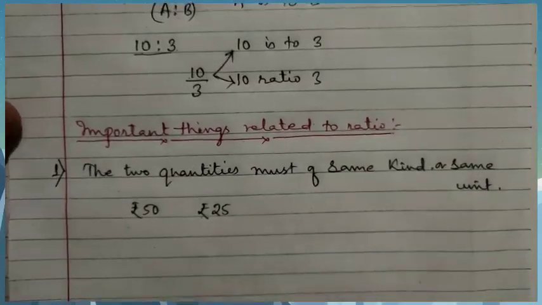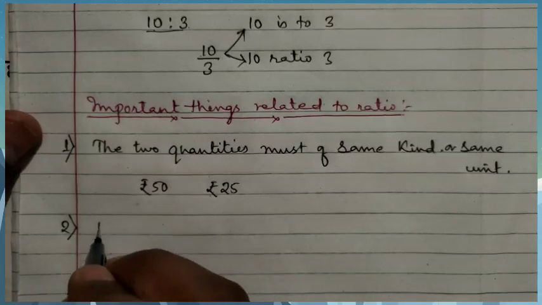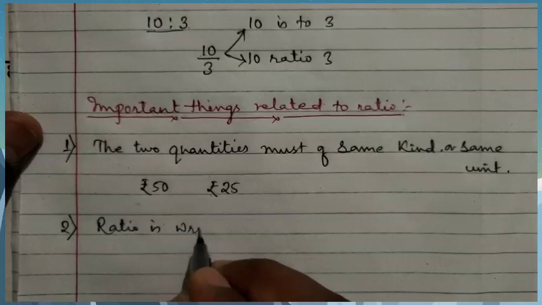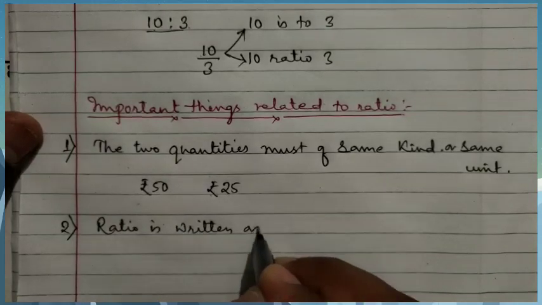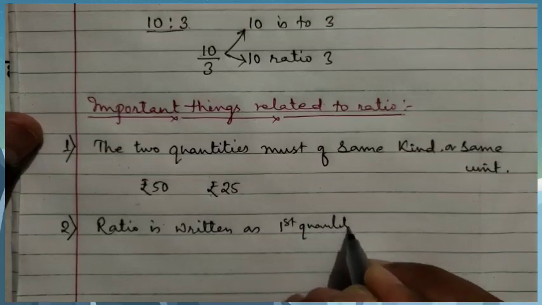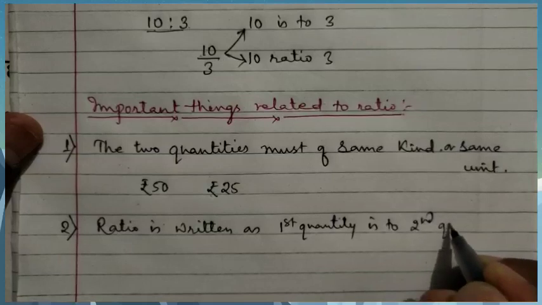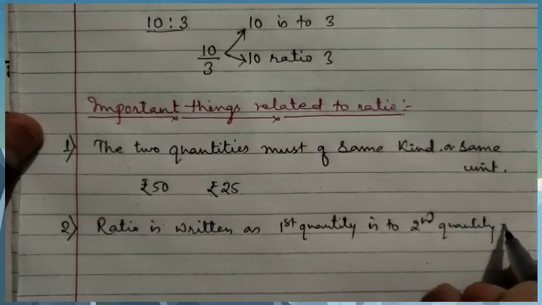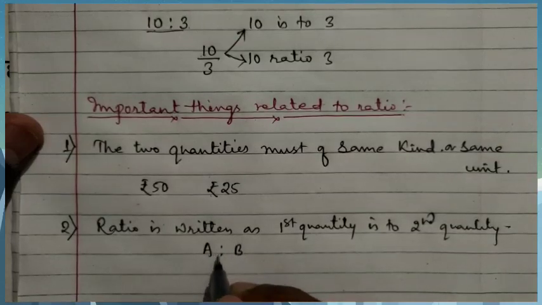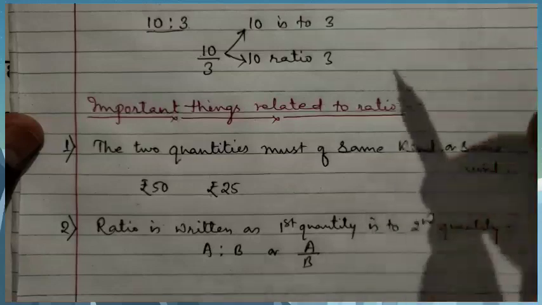The second rule: ratio is written as first quantity is to second quantity. It means first quantity A, second quantity B. This is A is to B, or you can write A by B, as we have seen here also.